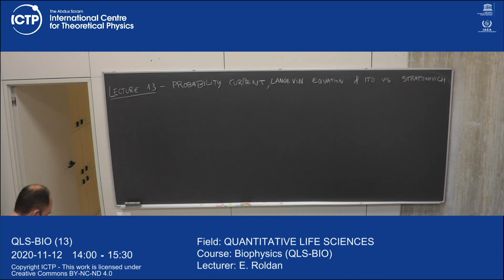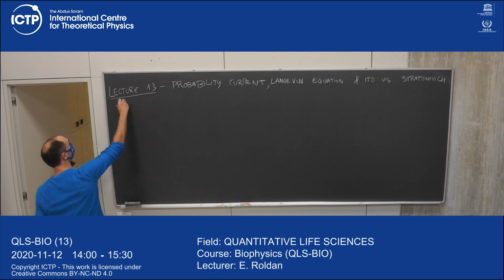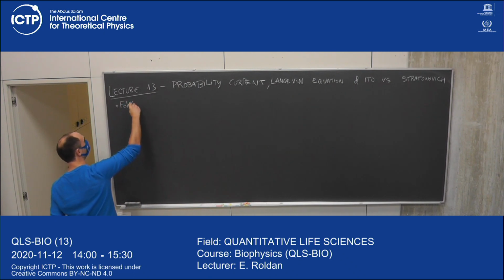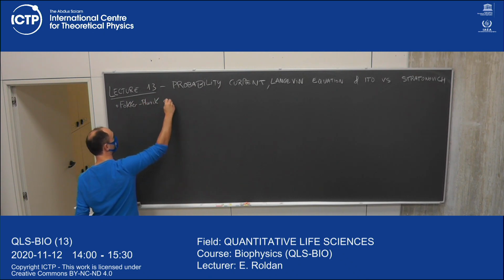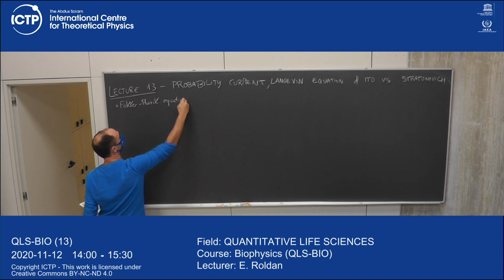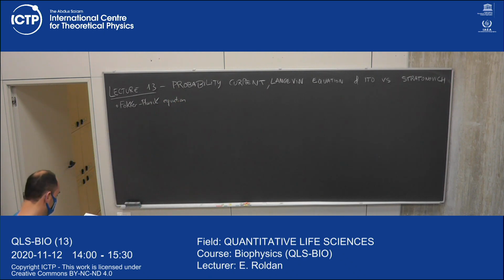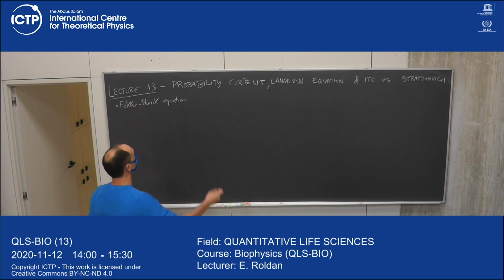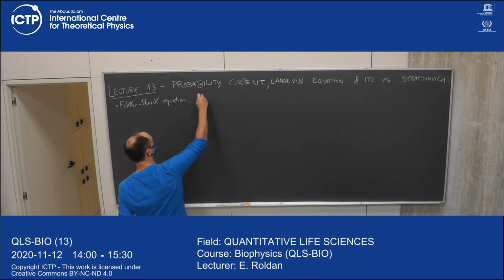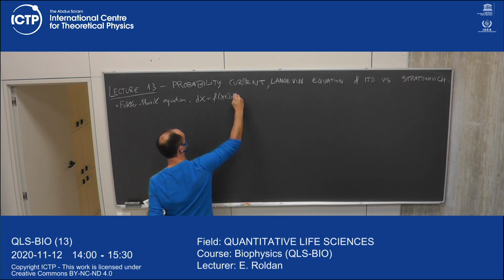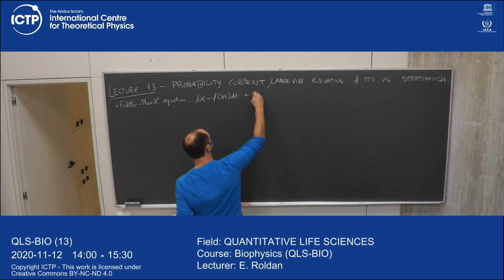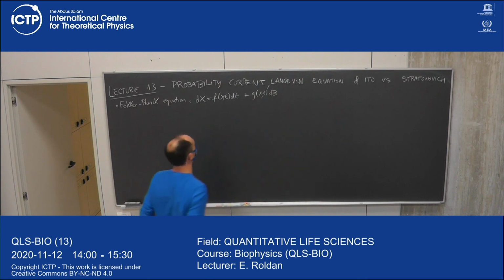So first of all, I'll start with a reminder on the Fokker-Planck equation from yesterday, in which we say that we have the following stochastic differential equation, dX equals f(X,t)dt plus g(X,t)dB.